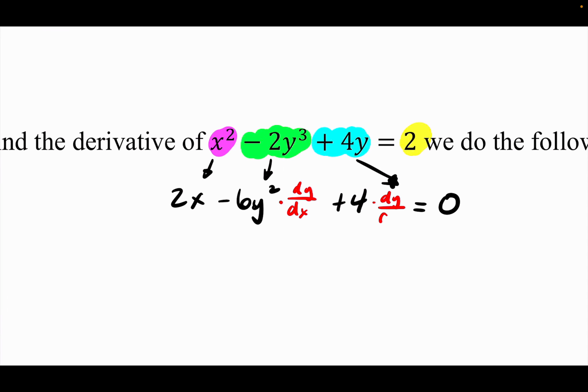So I found the derivative of y twice, once in green, once in blue, so I have to have 2 tags. Why do I do that? Because I wasn't finding the derivative of x. I was finding the derivative of something else with respect to x.